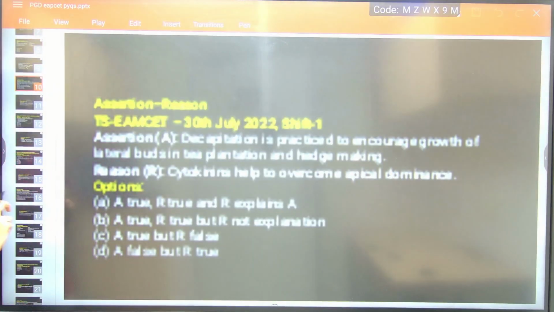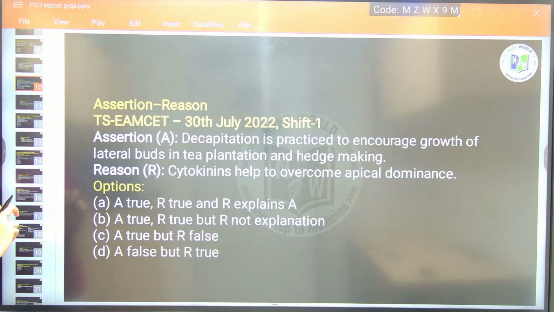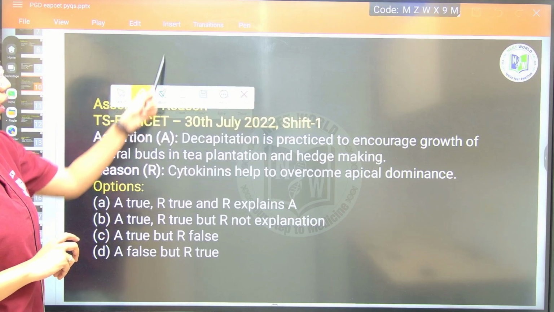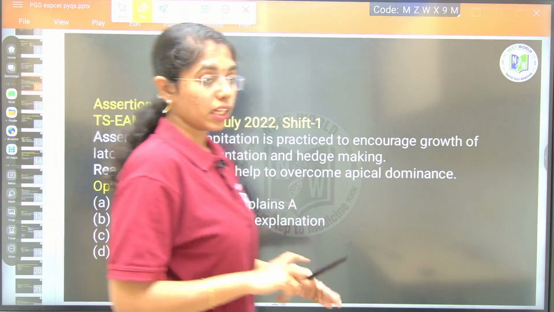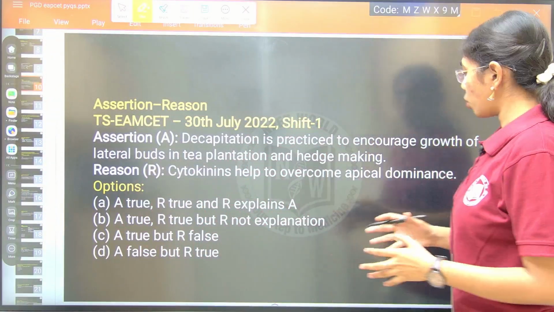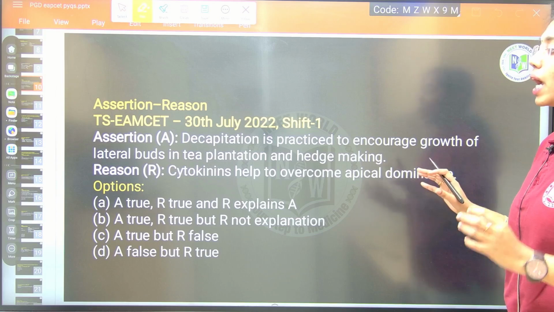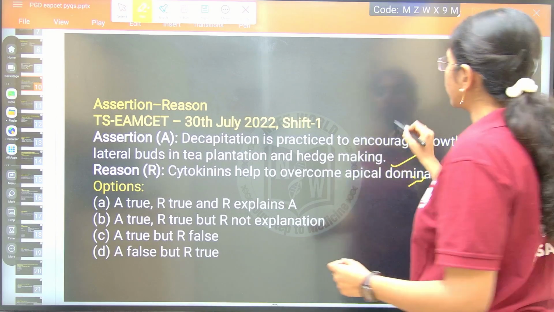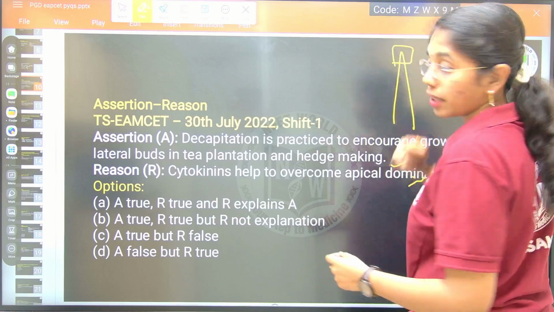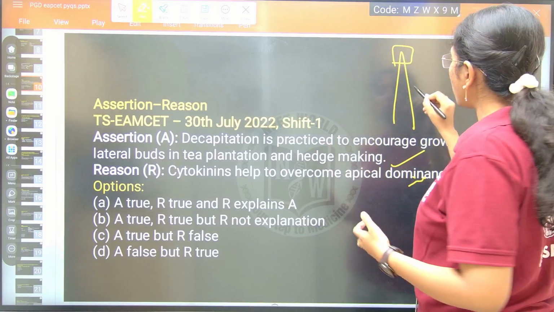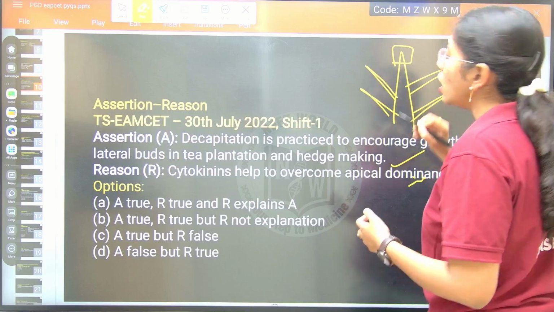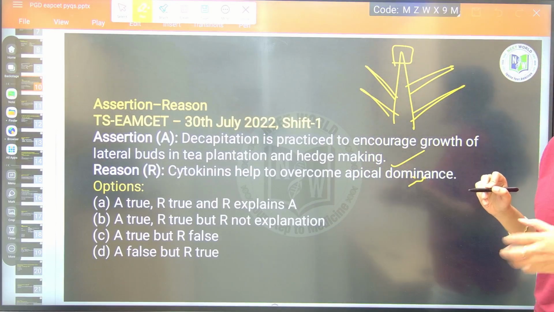Again an assertion reason type of question. In the assertion, you remove the apical bud to encourage growth of lateral buds, because of the action of cytokinin.